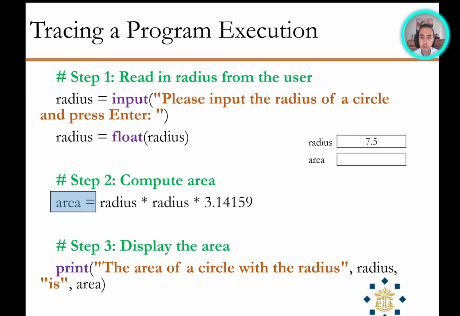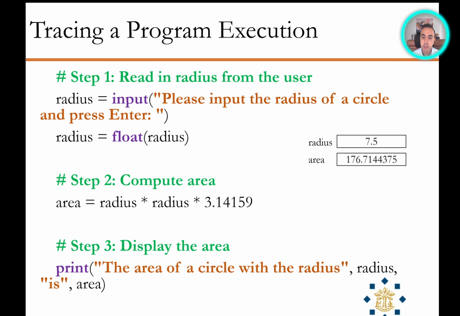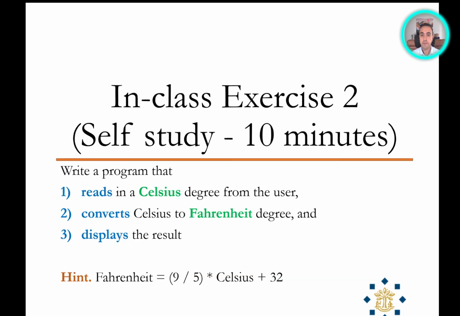And then we compute the area by multiplying radius times the pi, and that's whatever it is. So it computes the area, assigns it to the variable area, and then it displays the area using the print, okay?